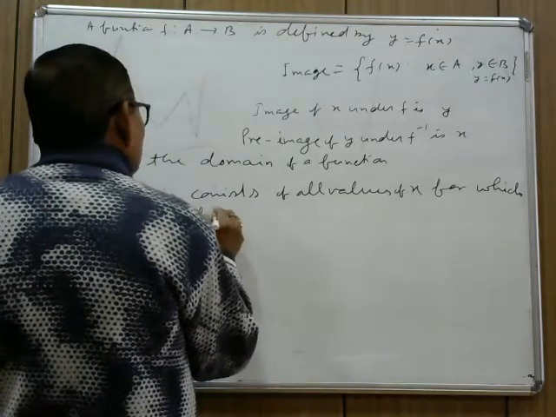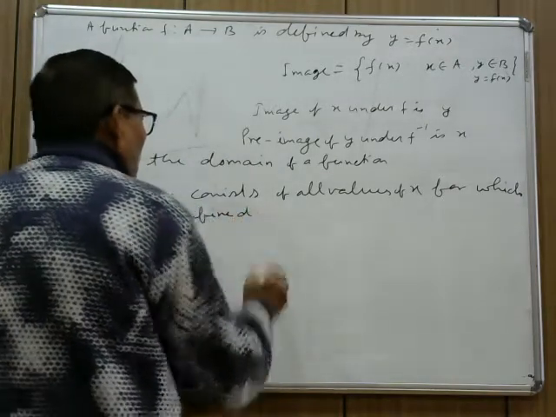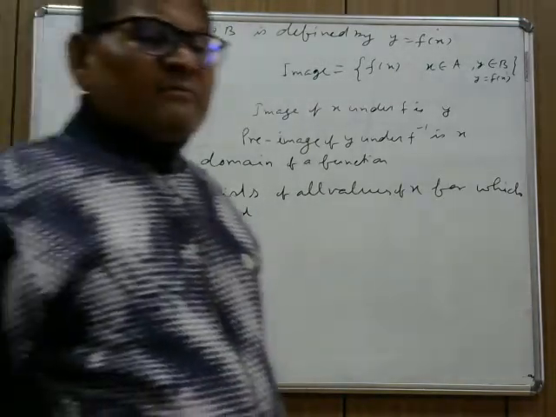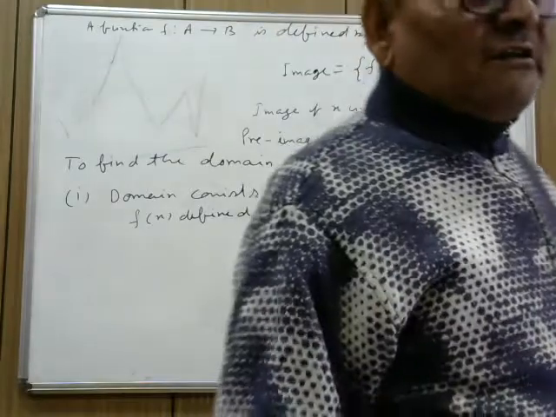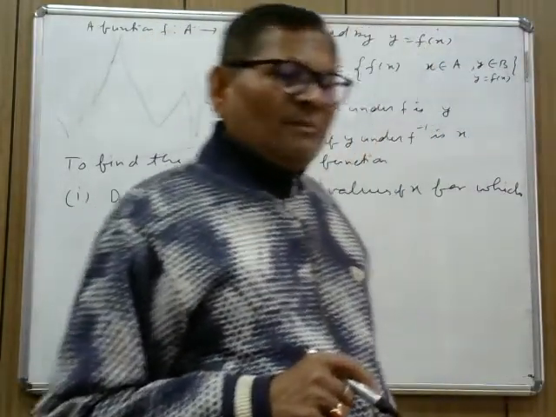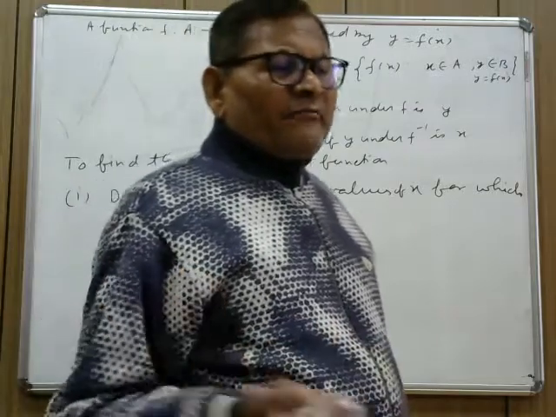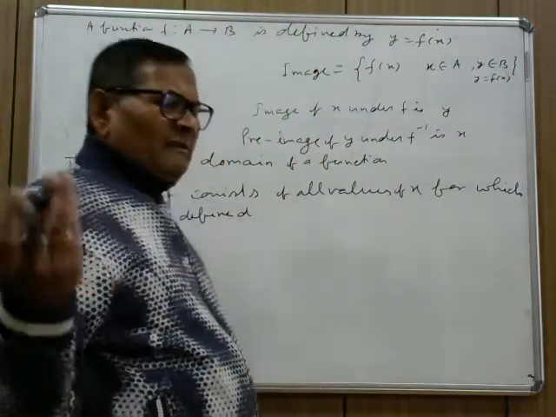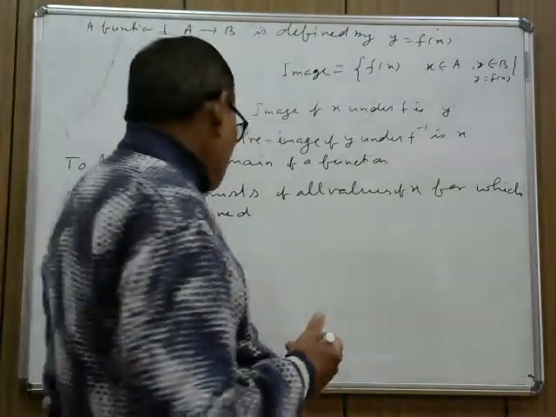And this criterion may differ from one function to another. If the function is a polynomial function, say a quadratic function, it is defined for every real value of x. Therefore its domain is the set of real numbers.